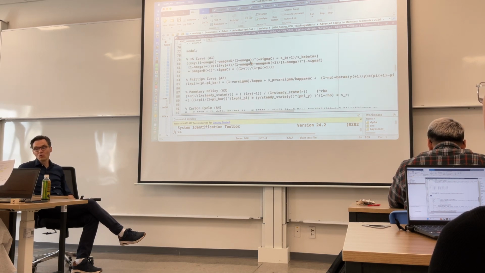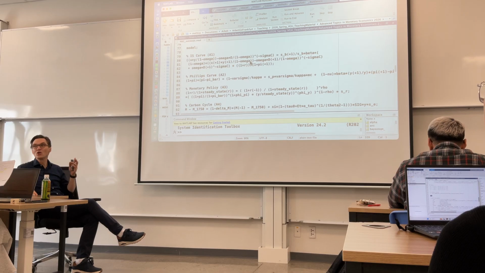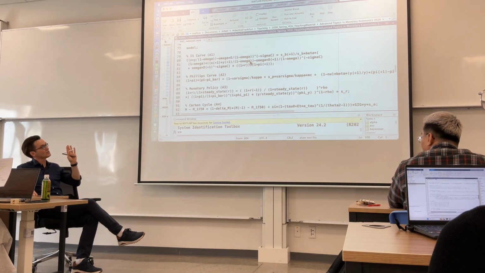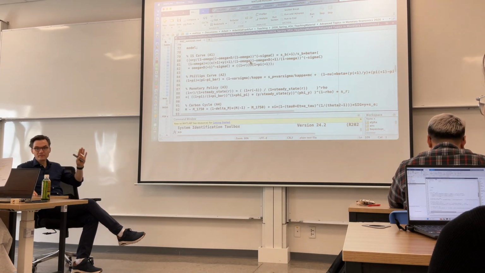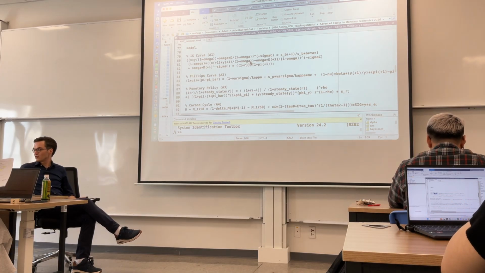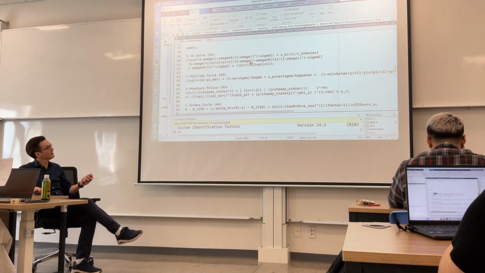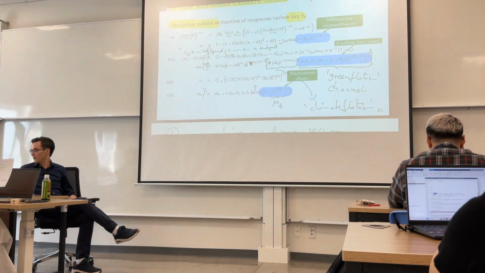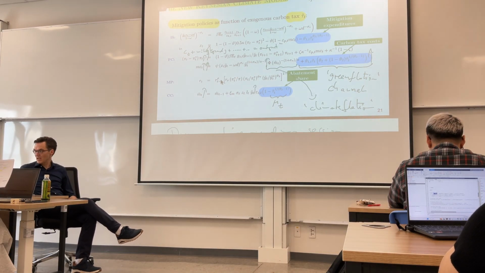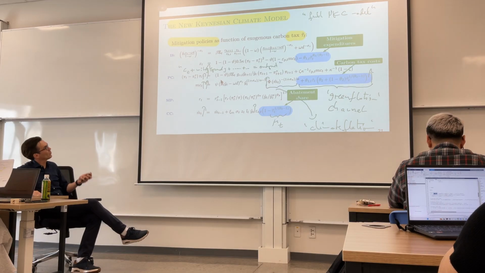These are exactly the non-linear equations that we have in our slide deck. So let me go back here. They literally take the equations from slide number 21, and they're writing down these equations.